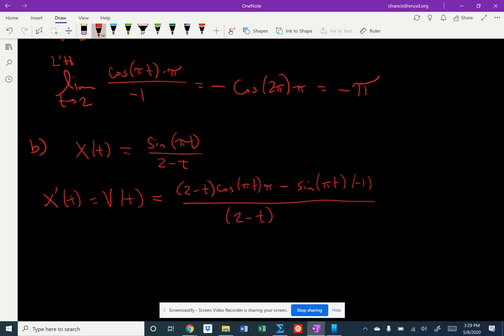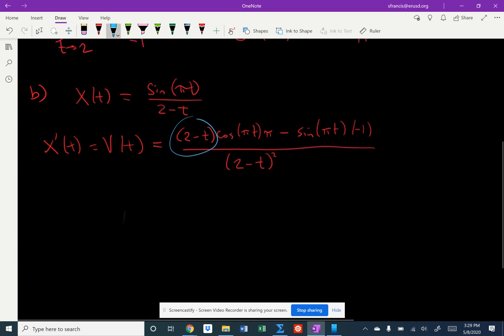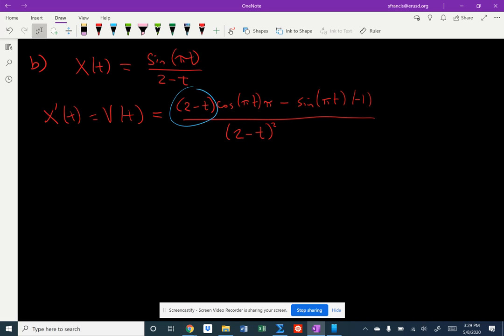Now, some of you, when you were doing this, forgot the parentheses here, and algebraically that's not the same thing, and so you lost a point for that. So be careful for the little algebraic mistakes.